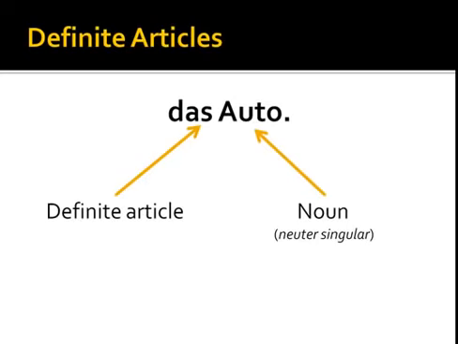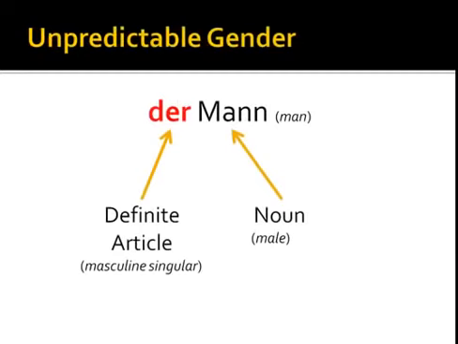Now, the problem here that maybe you already see is, well, how do I know if a noun is going to be masculine, feminine, or neuter? Sometimes it's easy for us to assume that, or it makes sense. For instance, this example, der Mann.